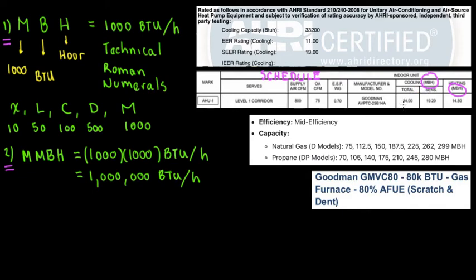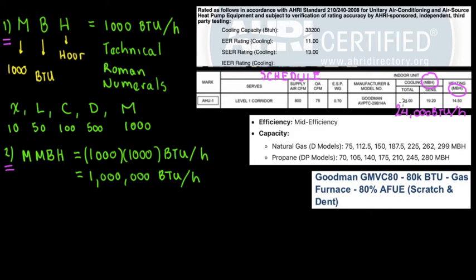The total cooling capacity is 24 MBH, and the 24 MBH represents 24,000 BTUs per hour, because M is the Roman numeral.